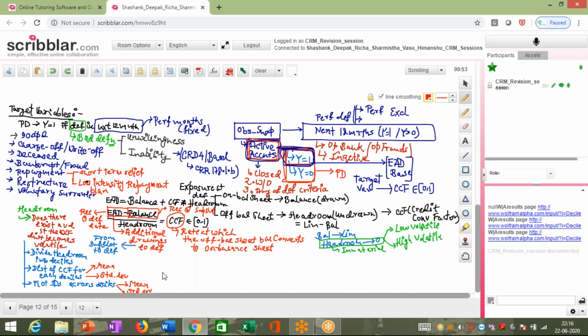Now what we'll do is plot the standard deviation across the deciles. So how would the graph look like?